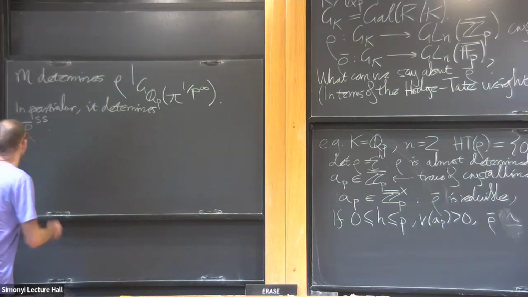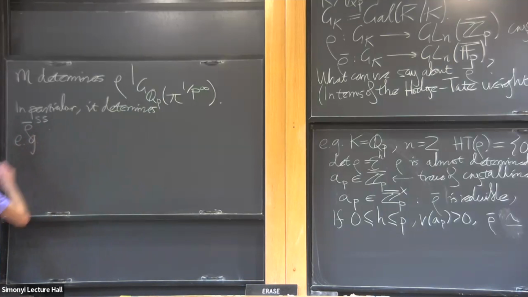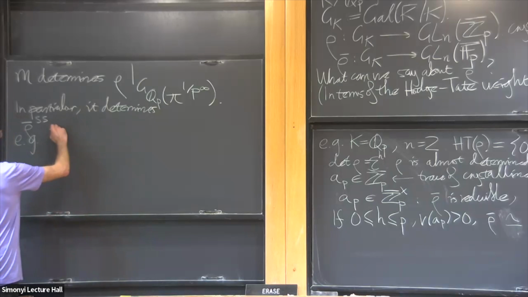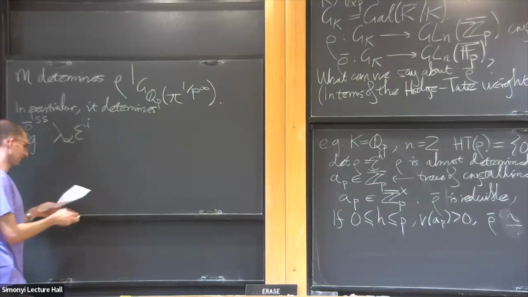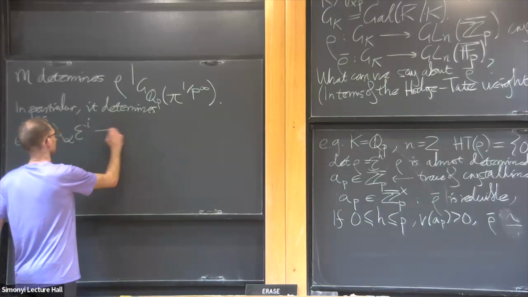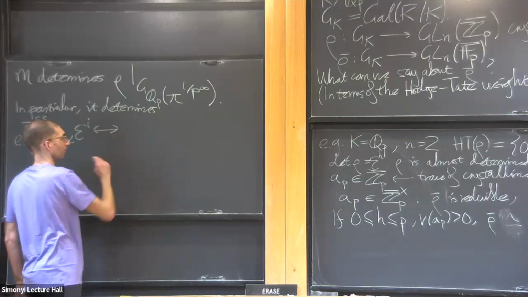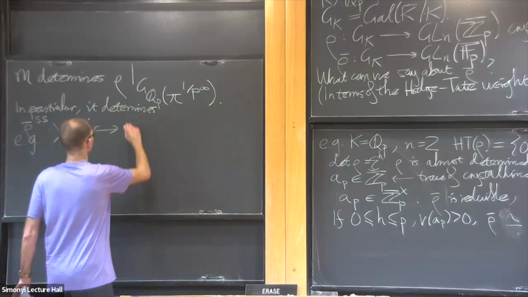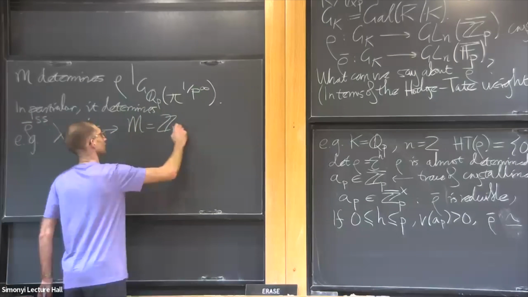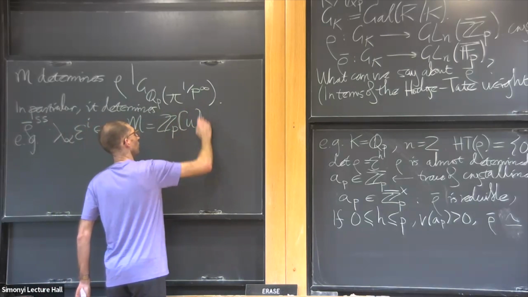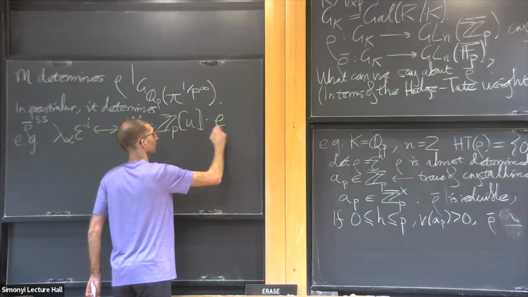So my example, and hopefully I'm not going to find that if I try to make my life easy and choose +1, I've made some inconsistency. But in the n equals 1 case, these twists of powers of the cyclotomic character correspond to a rank 1 module. So maybe M is Z_p[[u]] times some generator e.